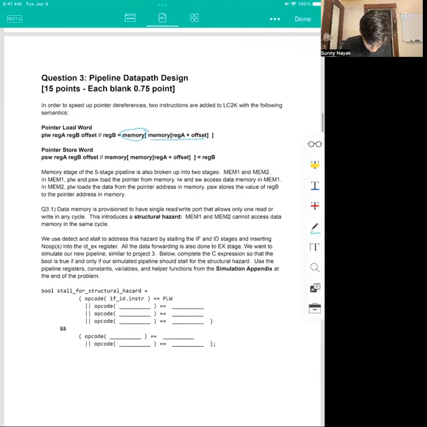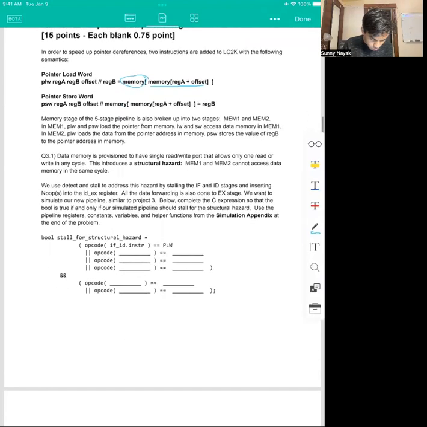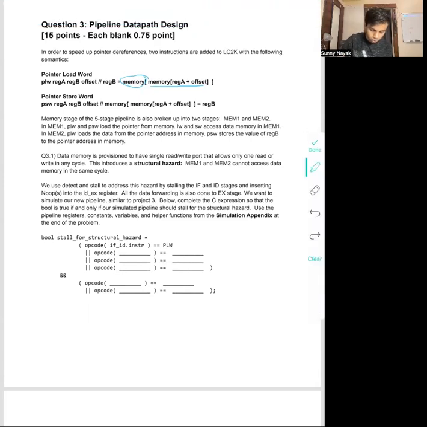The first code that we're going to write is bool stall for structural hazard. Essentially, the way I interpret it, this is going to be: should I stall or should I not? So it gives us a bit of an example. It says if the opcode inside the IFID instruction is a pointer load word and a bunch of other conditions that we have to fill in.